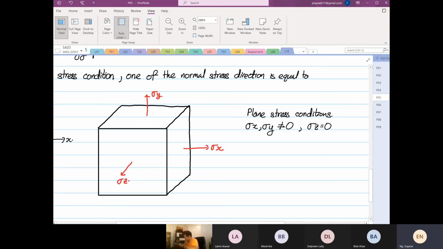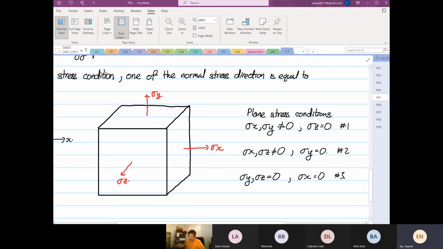Or stress X and stress Z are not equal to 0, but stress Y is equal to 0. That is also a plane stress condition. Then we have another condition where stress Y and stress Z are not equal to 0, and stress X is equal to 0. So we have condition number 1, 2, and 3.